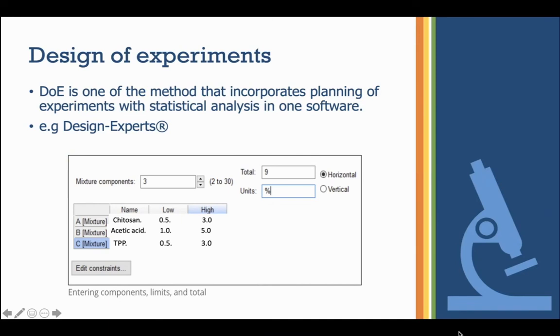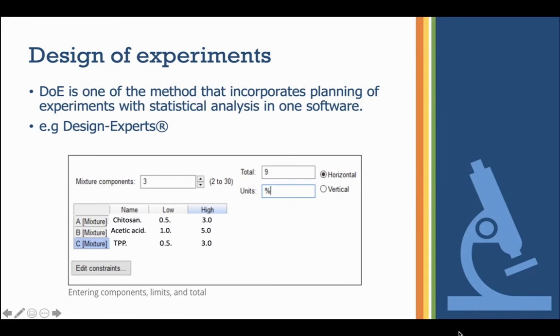As an example, in this experiment, we would like to evaluate the influence of 3 factors on the particle size that were obtained. The 3 factors are the concentration of chitosan, the concentration of acetic acid, and the concentration of TPP.